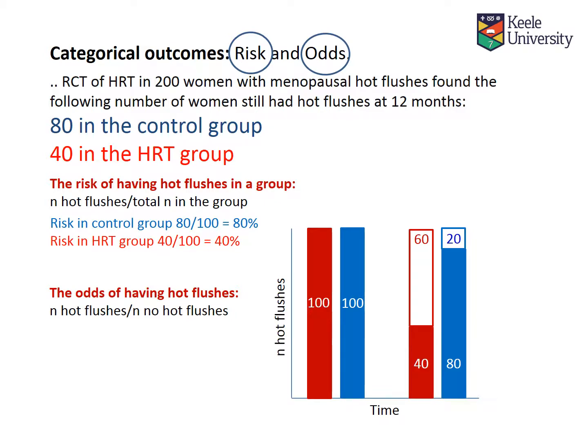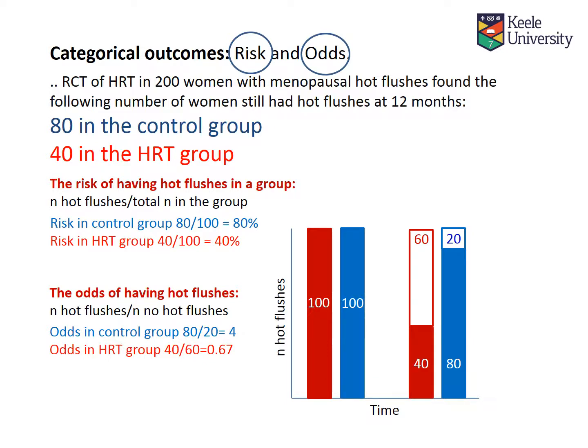Odds. The odds of having hot flushes, the way you calculate that is number of hot flushes divided by the number of no hot flushes in the same group. So in the control group, the odds is 80 divided by 20, which is 4. And the odds in HRT is 40 divided by 60, which is 0.67.